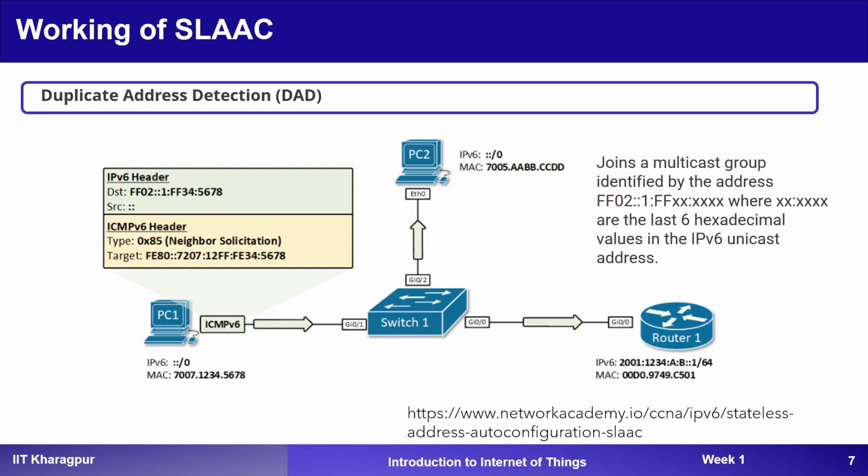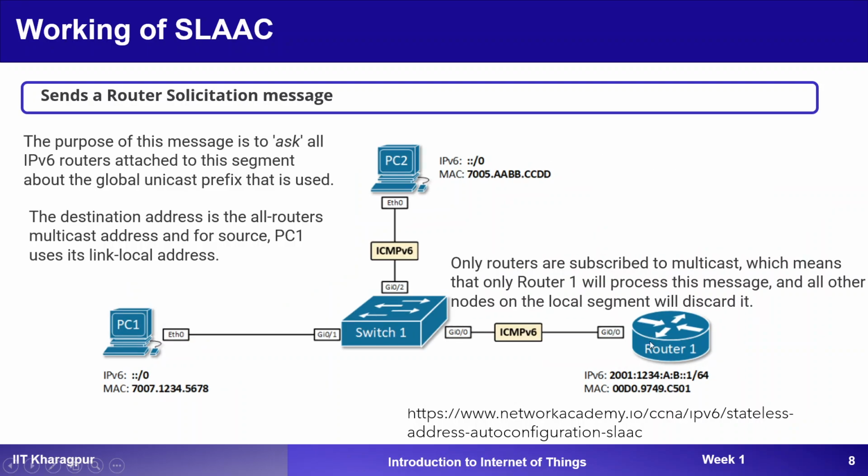After that, we have to send a router solicitation message. Here the purpose, which I have already explained to you, is to check whether any of the routers have the same IP address or not.